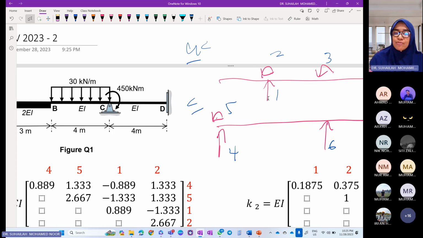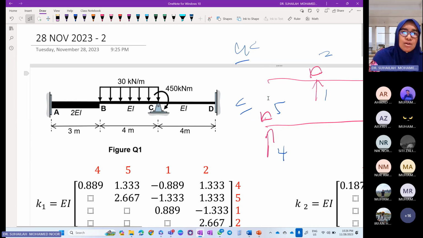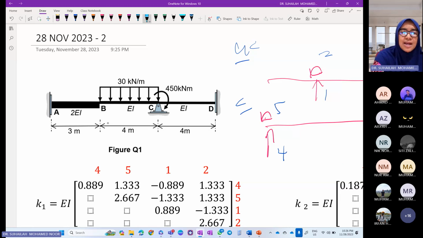As I mentioned last week, we have to be able to read the symbol D and the symbol 1 that we label based on the behavior. D1 is equivalent to vertical deflection at B. Of course, logically it will deflect like this, due to loading and due to the cross section.